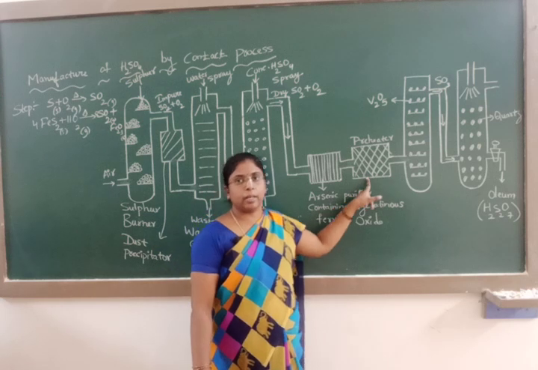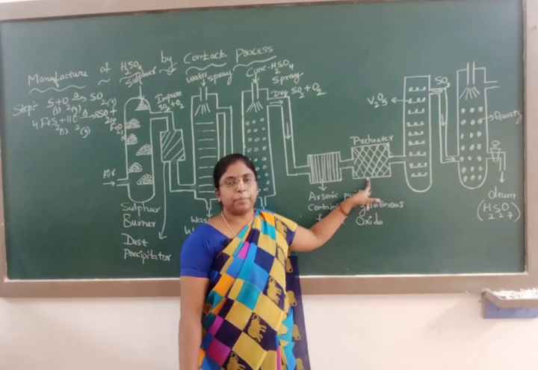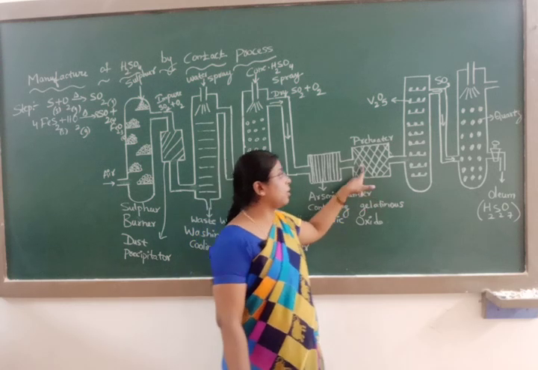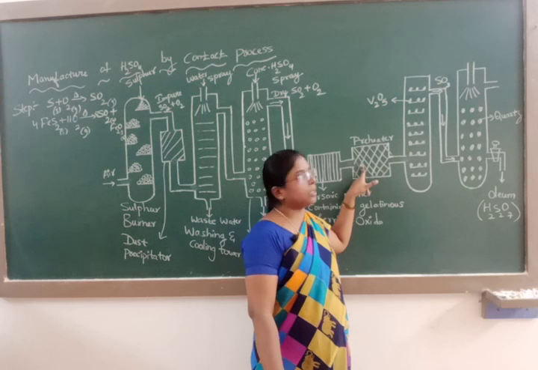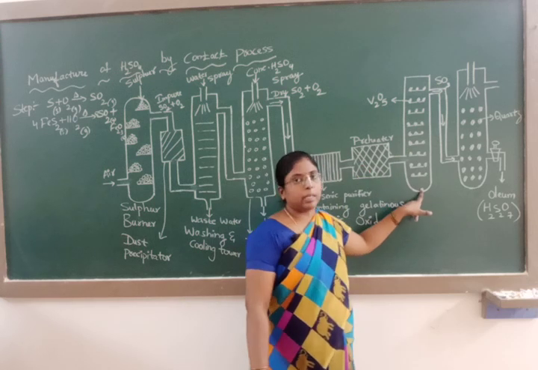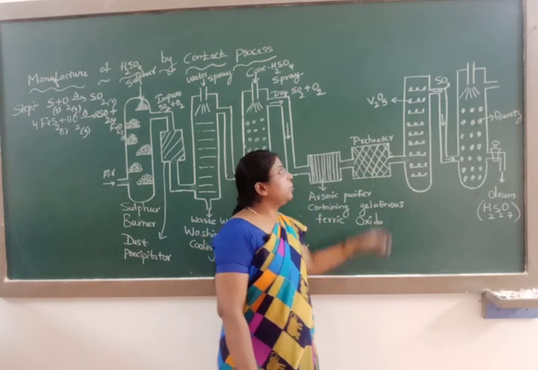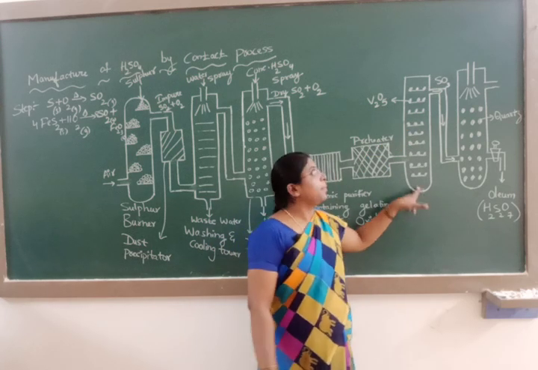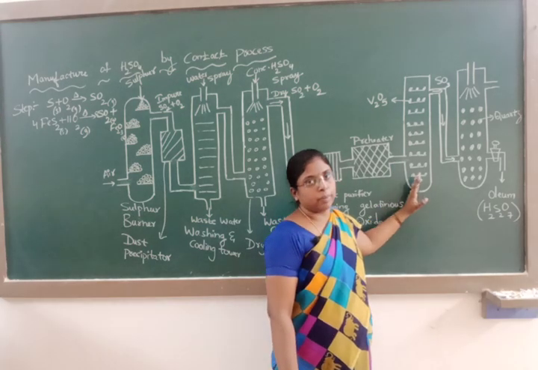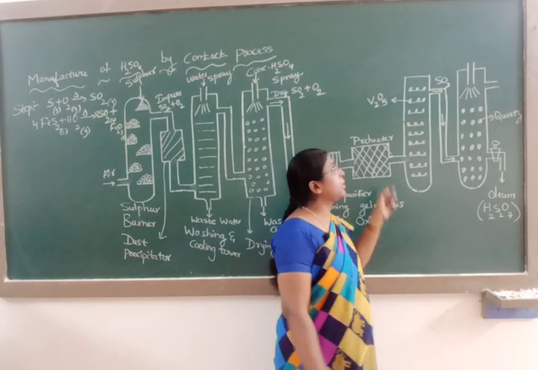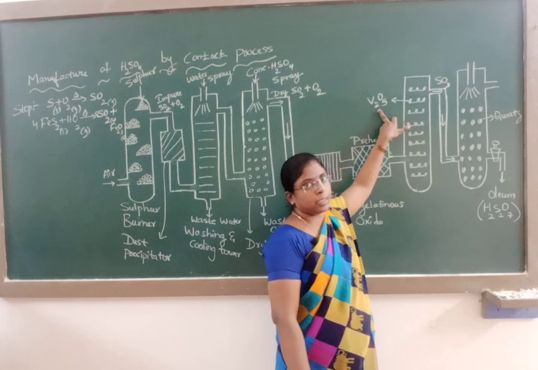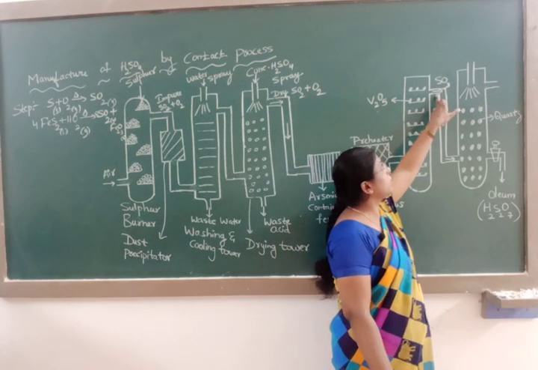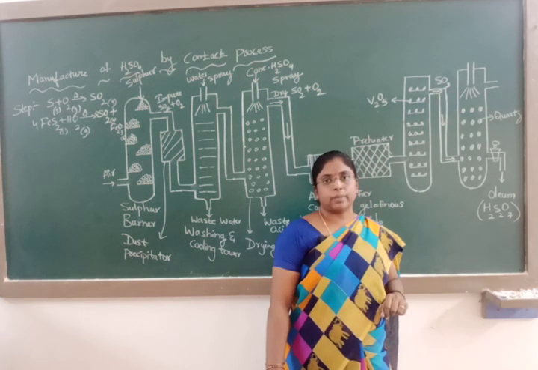The preheated, hot sulfur dioxide and oxygen are passed into a catalytic chamber, in which the catalyst used is vanadium pentoxide. The sulfur dioxide and oxygen get oxidized in the presence of vanadium pentoxide in the catalytic chamber and are converted into sulfur trioxide gas.